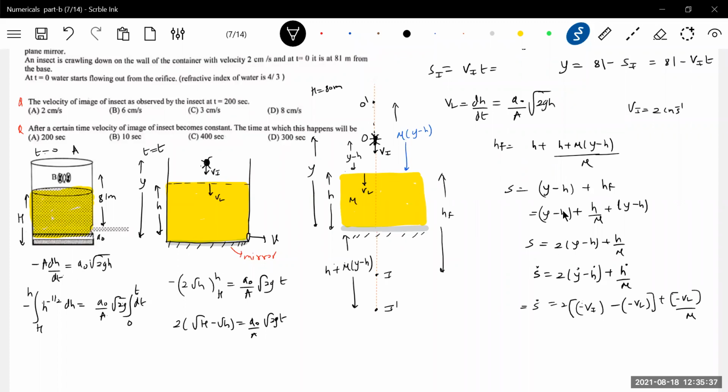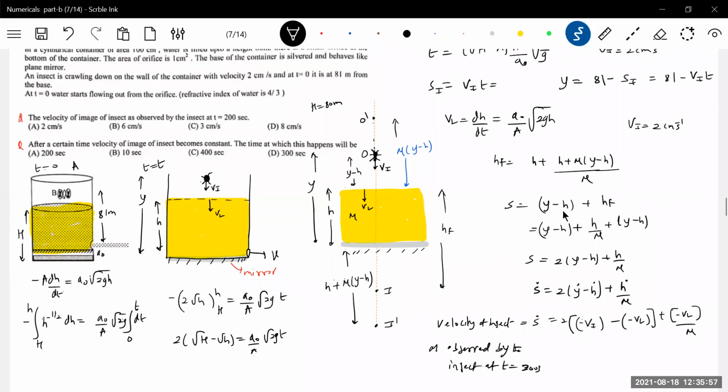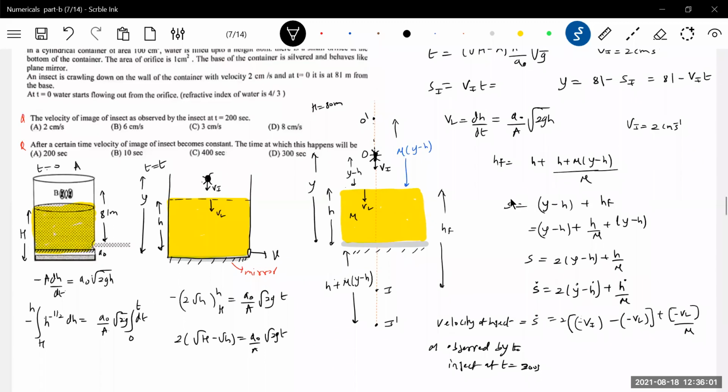The velocity of the insect as observed by the insect at t equal to 200 seconds.